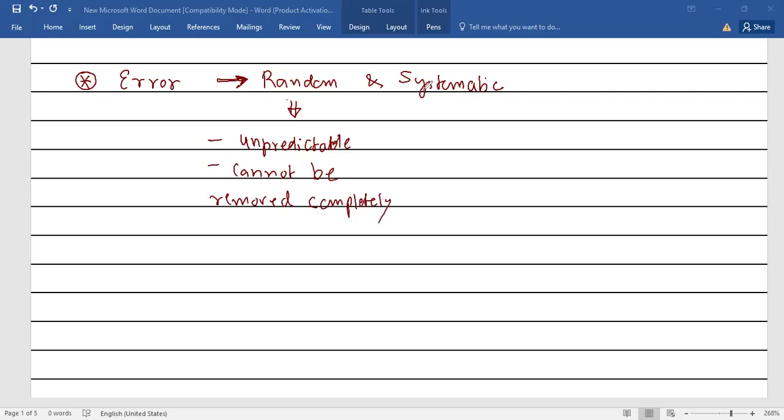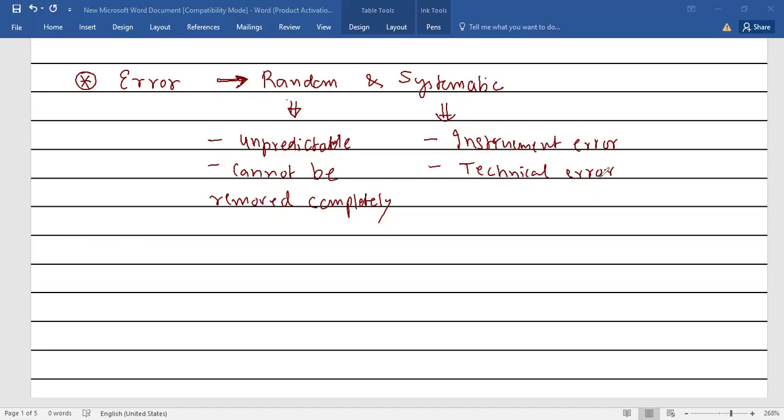Whereas systematic error comes because of three reasons. Maybe our equipment is not that accurate, so that is called instrumental error. Maybe our instrument is correct, but we have some technical error, meaning how to use it, or what is the proper setup required.